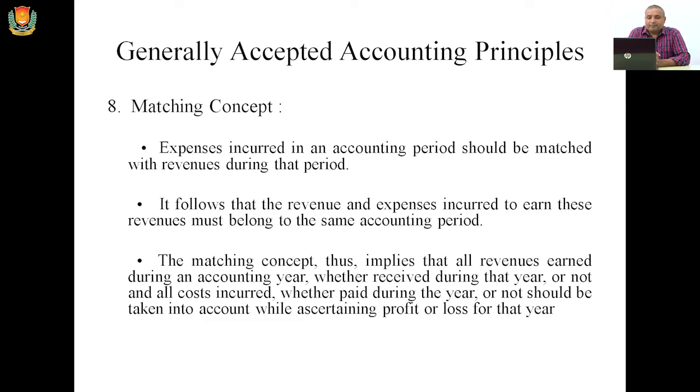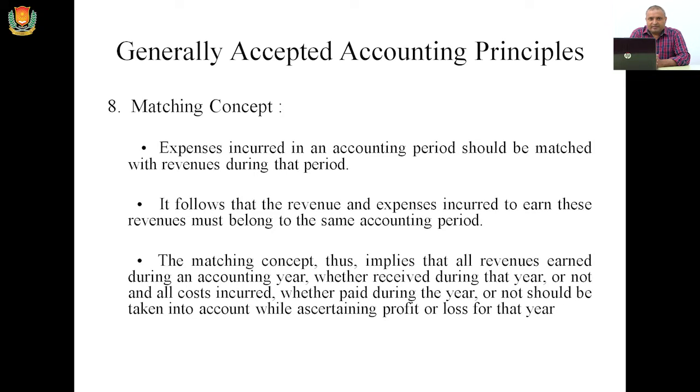Next important concept is matching concept, which says expenses incurred in an accounting period should be matched with revenue during that period. It follows that revenue and expenses incurred to earn these revenue must belong to same accounting period.